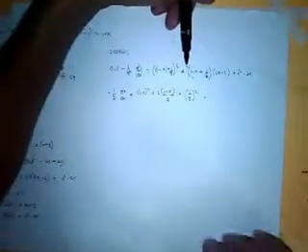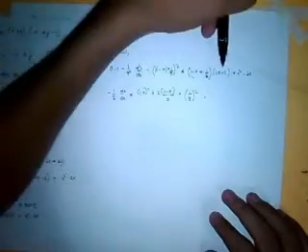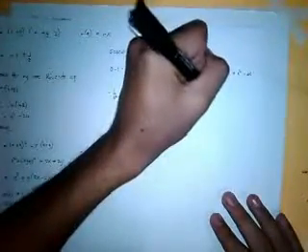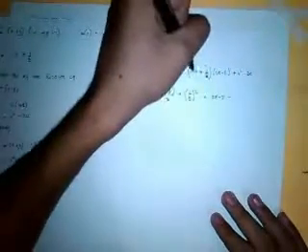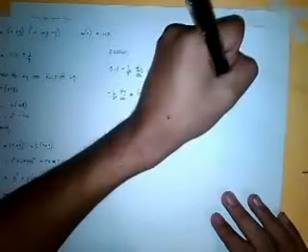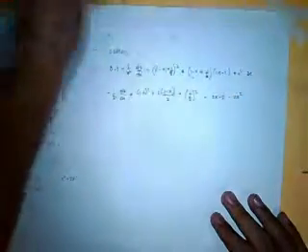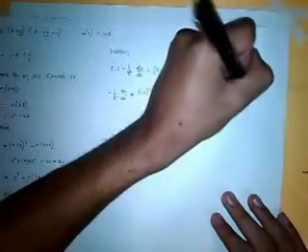Then plus, by the distribution property, 1 times 2x minus 2, that is 2x minus 2, minus x times 2x minus 2, that is negative 2x squared plus 2x.